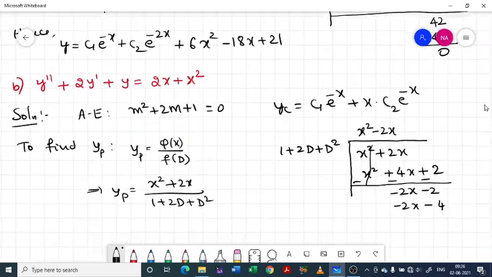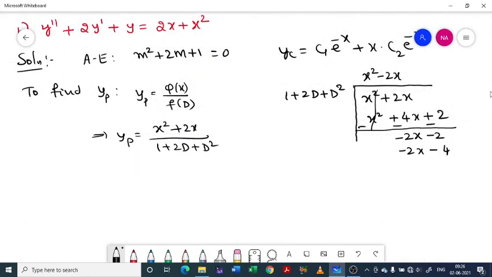So subtracting, it will be plus plus, so these two get cancelled now. So minus 2 plus 4, that is plus 2. 2 divided by 1, that is 2. So 2 into 1 you get 2, subtracting you get 0.